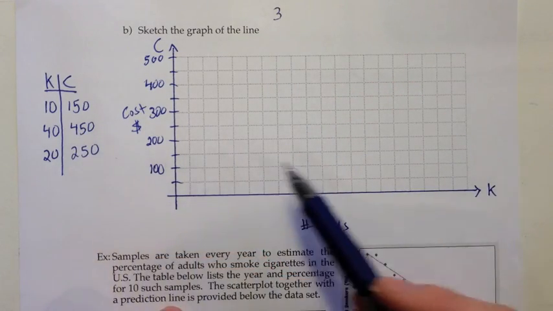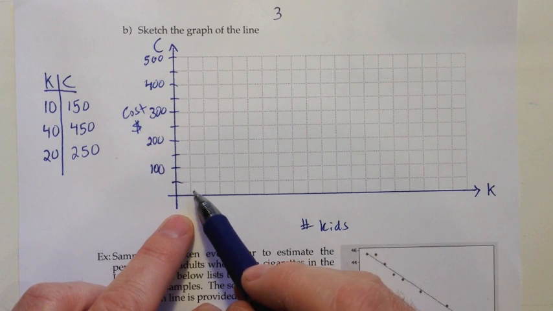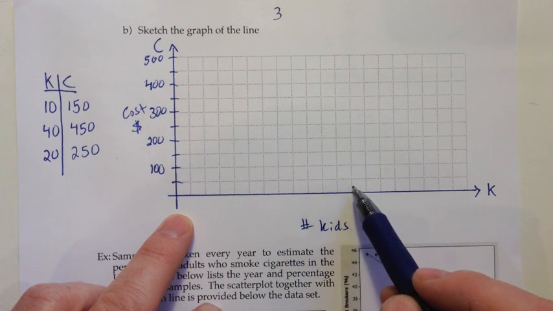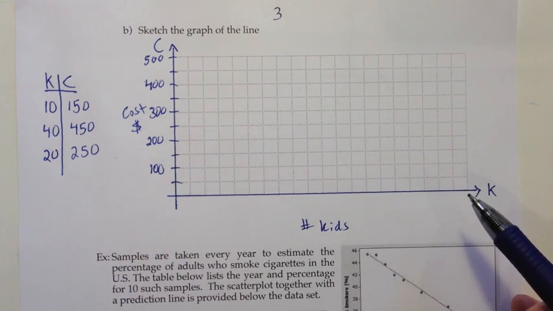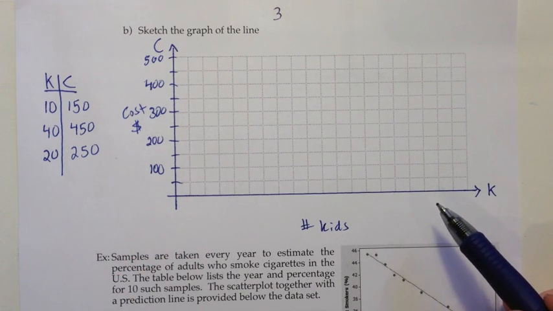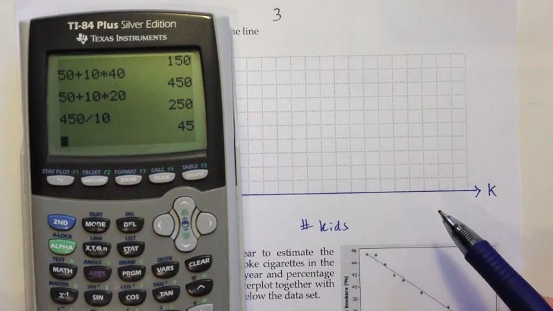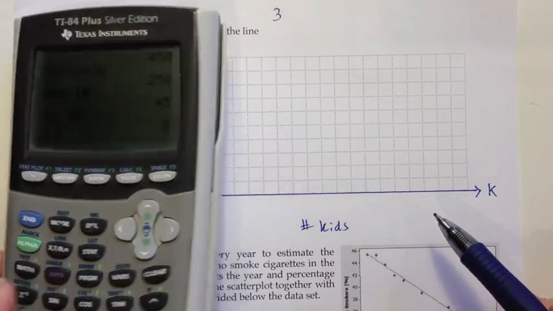And then as I go across the horizontal, I want to make it to 40. I have 1, 2, 3, 4, 5, 6, 7, 8, 9, 10, 11, 12, 13, 14, 15, 16, 17, 18, 19, 20 squares. And so if I need to make it to 40 with 20 squares, that feels like that would be numbering in 2s. I'll show you the math on that. So we want to make it to 40. We have 20 squares to do that in, so numbering in 2s will get us there.